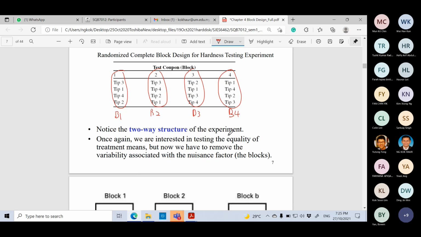Our final answer is still testing the treatment means, for tip 1, tip 2, tip 3, tip 4. We are not interested in the block. But when you run the analysis, it contains this block effect, so we need to remove it. We have to remove the variability associated with the nuisance factor, which we call a block.